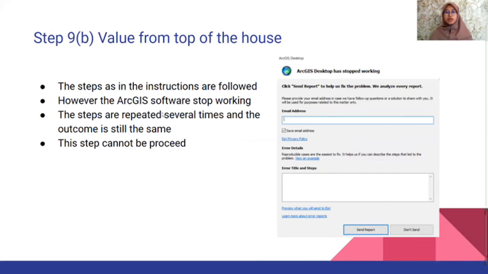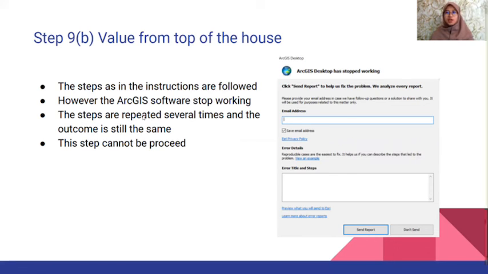After working on step 9A, we can proceed with step 9B, which is finding the value from the top of the house. The steps are followed as stated in the STORM project instruction.